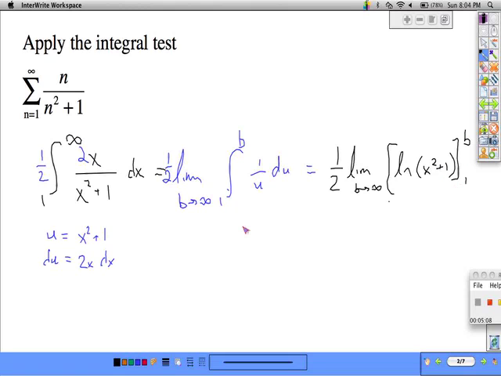So this is what we have at this point, and now we evaluate the integral, and we have 1/2 limit as b goes to infinity of the natural log of b squared plus 1 minus natural log of 2.